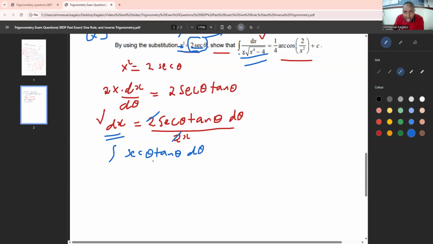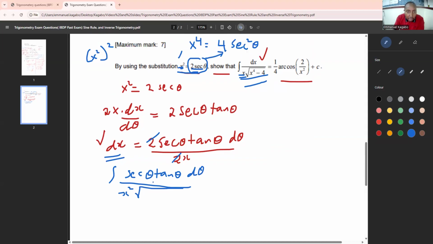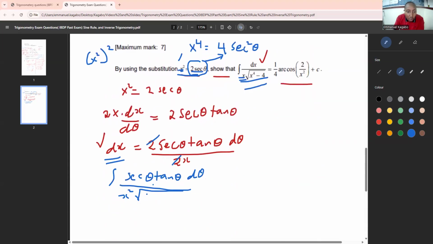But also there is x here, so that gives me x squared. Let me keep x squared there; I have to move it at some point. Square root of x power 4: I already have its value. If you remember, it is 4 sec squared theta minus 4.